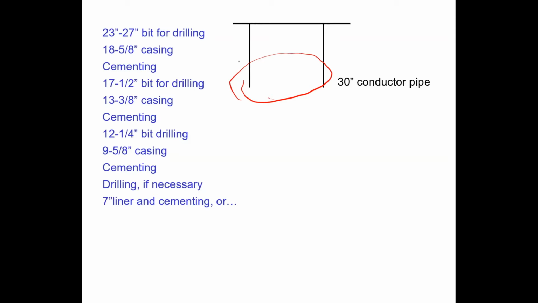Because here the initial drilling is with normal water, so it doesn't damage or pollute the shallow aquifer water, okay? And then we run this 18.5-inch casing. Then we cement it.